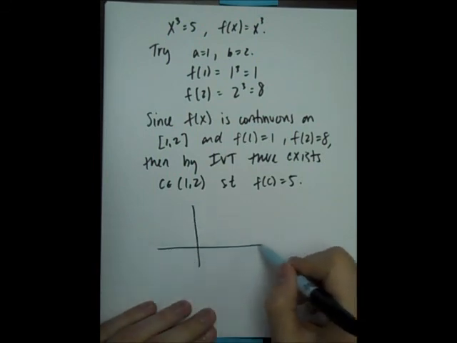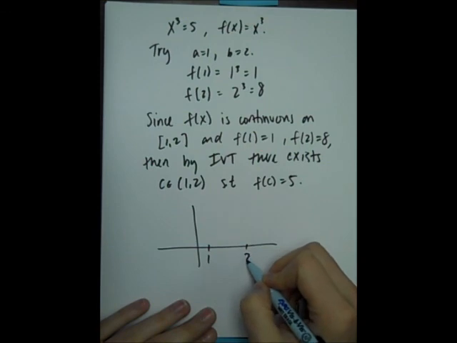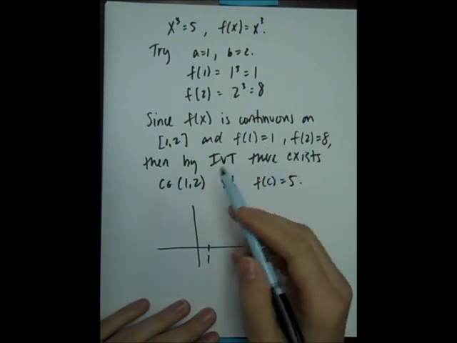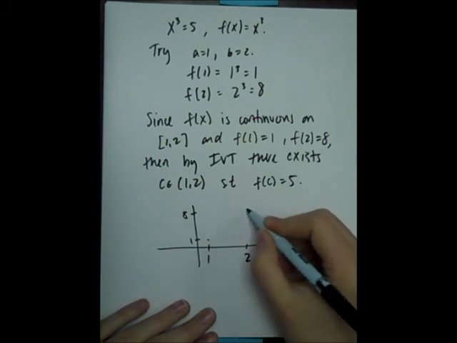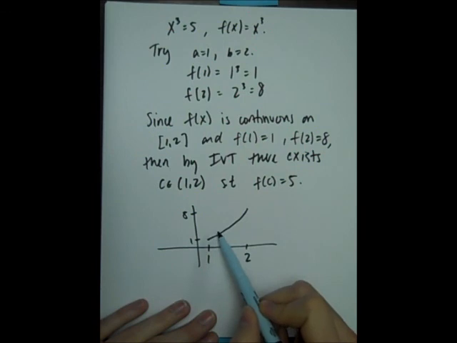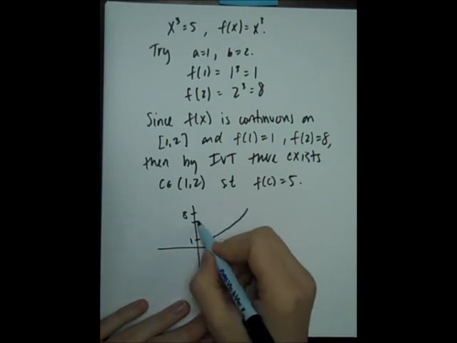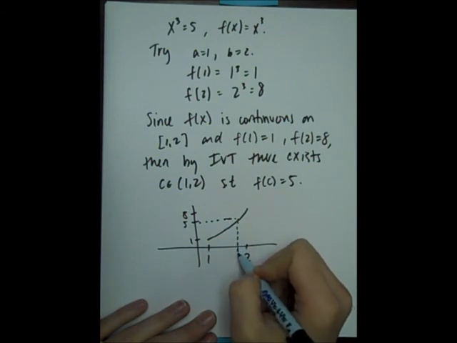Now pictorially, what does this look like? We were looking at 1 to 2. We said that f of 1 was 1, f of 2 was 8. There's my function. The intermediate value theorem says since this is continuous, there's some x value corresponding to y being 5.